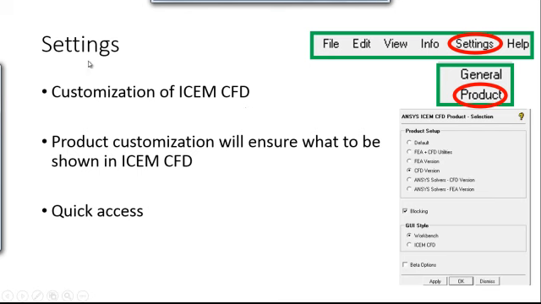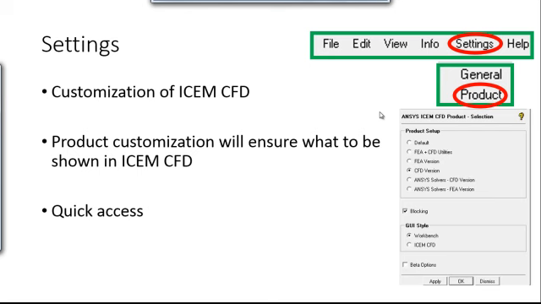These are some general settings of the ICEM CFD. You just need to go to the main menu, click on the settings, and you will get a large menu of different options. These are the first two options, the general and product. From the product, you can select which type of commands are working or displayed in your ICEM CFD GUI.